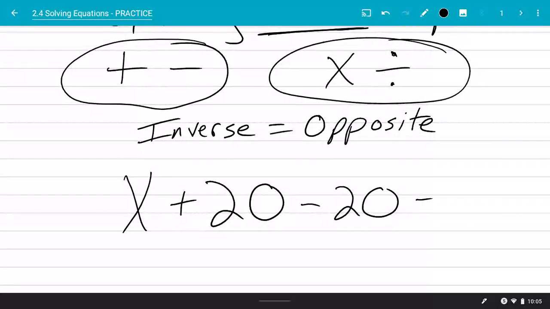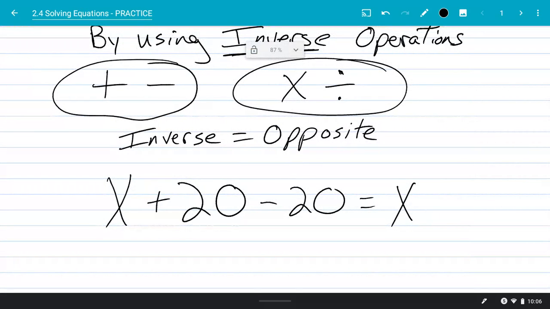So what did I really give you? Nothing. You're left with what you started with, right? So giving 20 and taking 20 away, they're inverses. They're opposite. But don't say I didn't ever give you anything because I just gave each of you $20. And then we'll just leave off the part that I took it back. Okay? All right. And that's how we're going to solve equations, is by using the inverse operations.